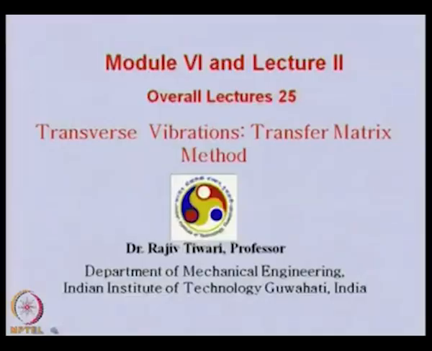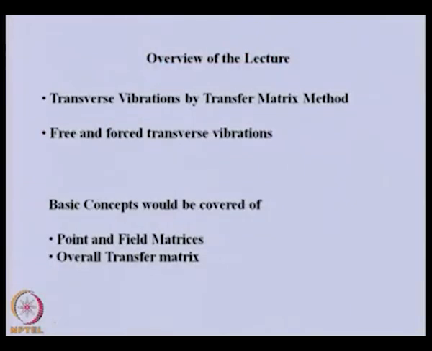So, we will be having the size of the matrices 16 by 16 of that order, but with the single plane motion we will be having the size of the point matrix and field matrix of the order of 4 by 4. So, let us see what are the things we will be covering in this particular lecture.